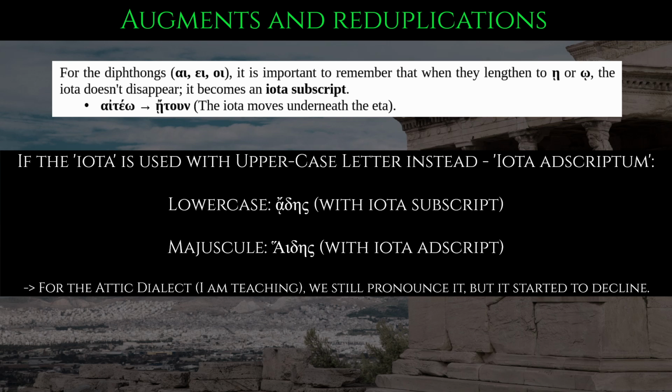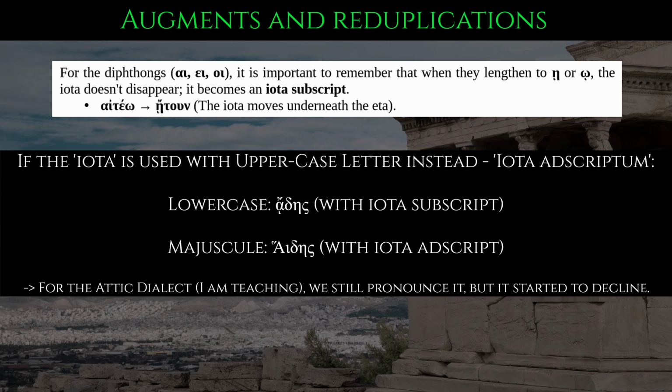Again, for example, aiteo becomes eton. Here, the iota moves underneath the eta. But if the iota is used with an uppercase letter instead, we do not have an iota subscriptum, but an iota adscriptum. For example, those two words, which are identical in meaning.